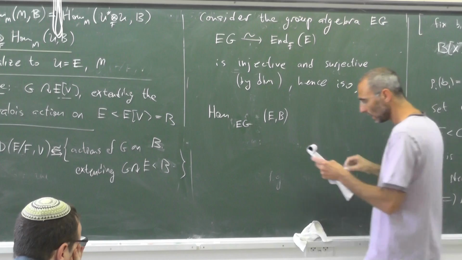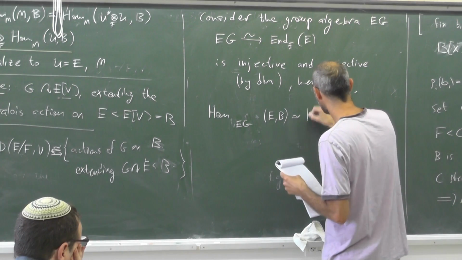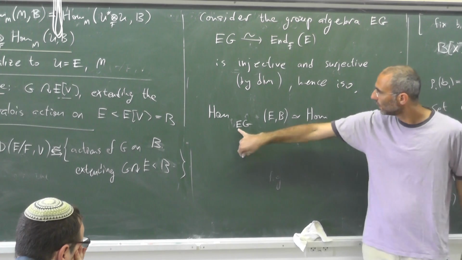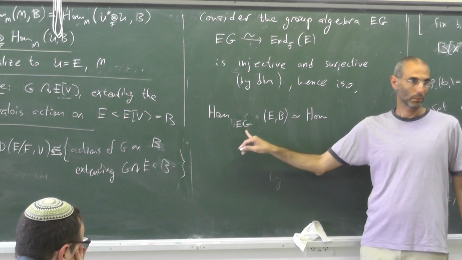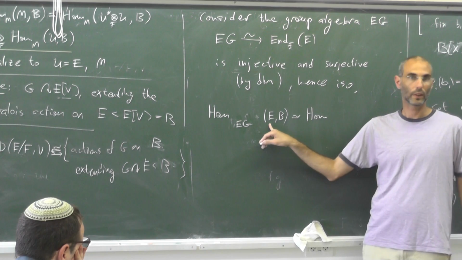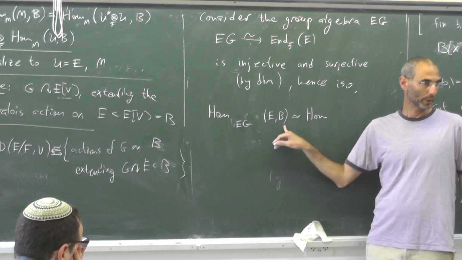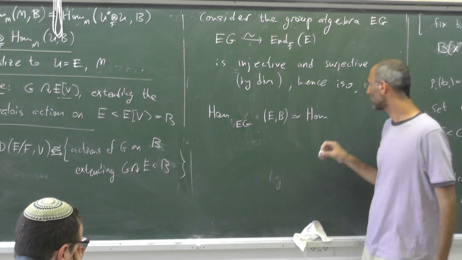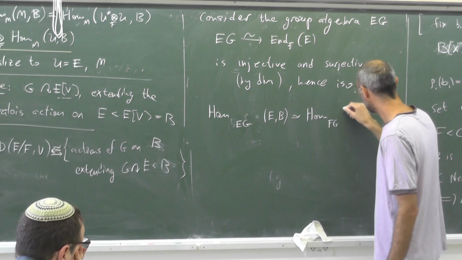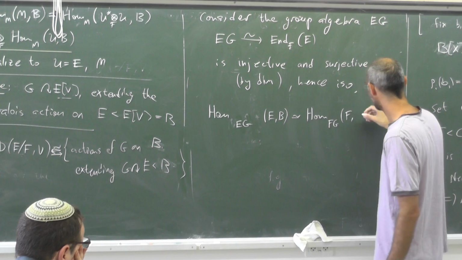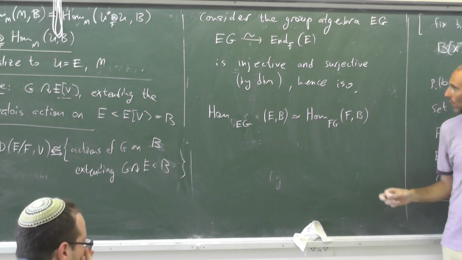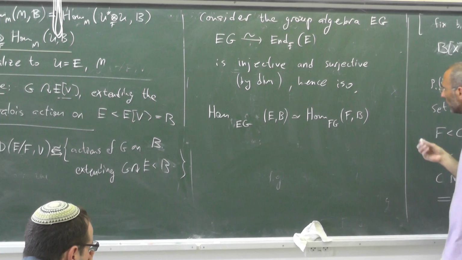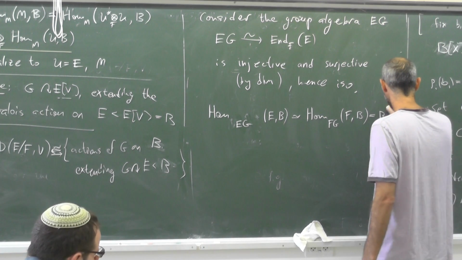This makes sense. I'm looking at EG maps from here to there. In particular, I'm looking at E maps from here to there, so the image of one guarantees everything. So this is the same in particular as FG maps from here to there. And the image of one should in particular be a fixed point. So this is the same as BG, that is A.